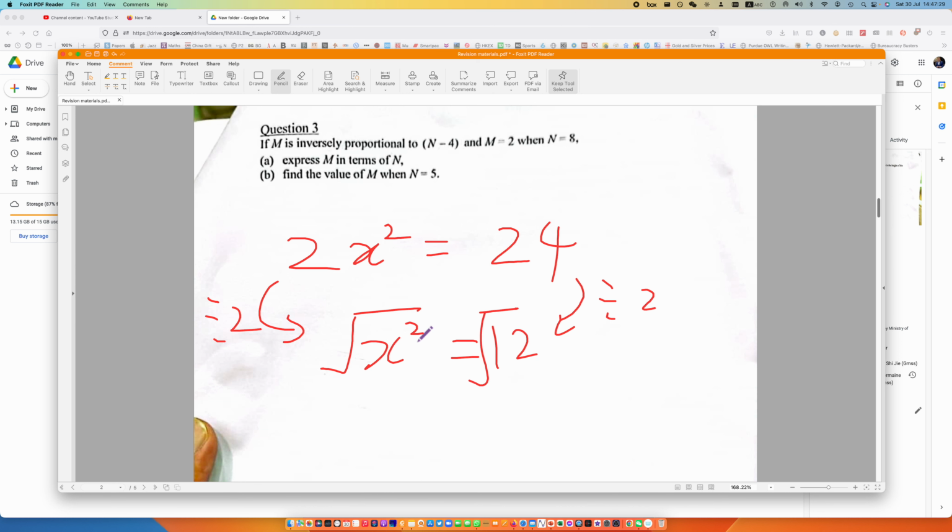And then square root and square, they will cancel. So your x is equal to 46. 46 what? 4641. Okay, 46, 3 significant figures.